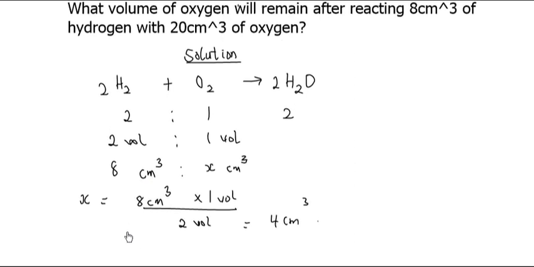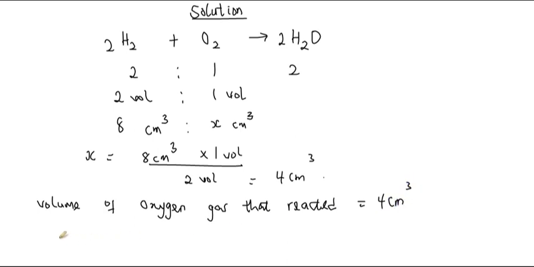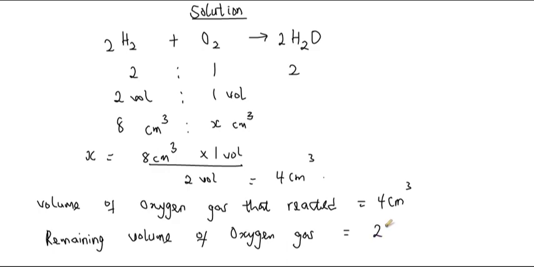To know the remaining volume of oxygen gas, let's note that the volume of oxygen gas that reacted equals 4 cm³. So the remaining volume of oxygen gas will then be equal to the initial volume of oxygen gas that was given, which is 20 cm³, minus the volume that reacted, which is 4 cm³.